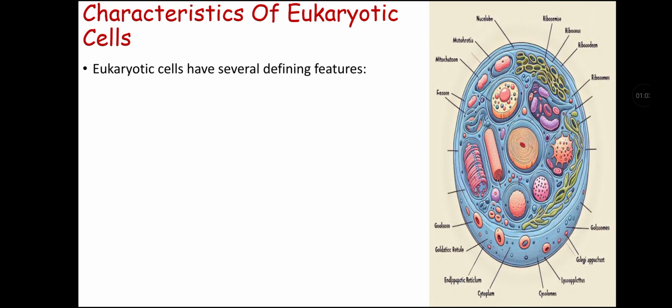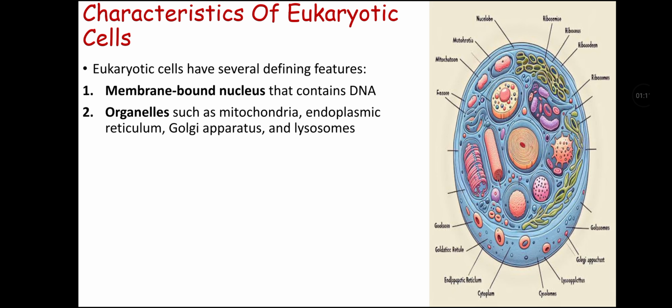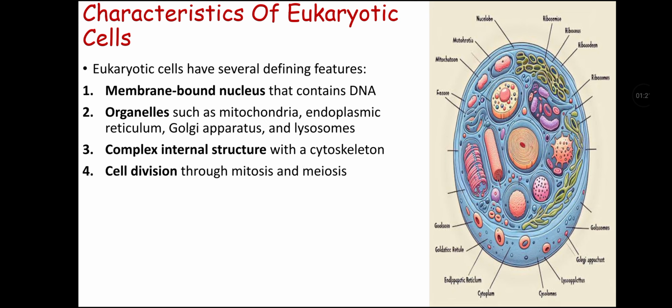Characteristics of eukaryotic cells. Eukaryotic cells have several defining features that include a membrane-bounded nucleus that contains DNA. Second feature is organelles such as mitochondria, endoplasmic reticulum, Golgi apparatus, and lysosome. Third feature is complex internal structure that is present with the cytoskeleton. And fifth is cell division that occurs through mitosis or meiosis.